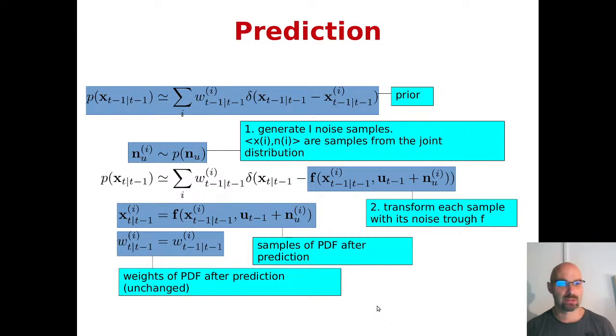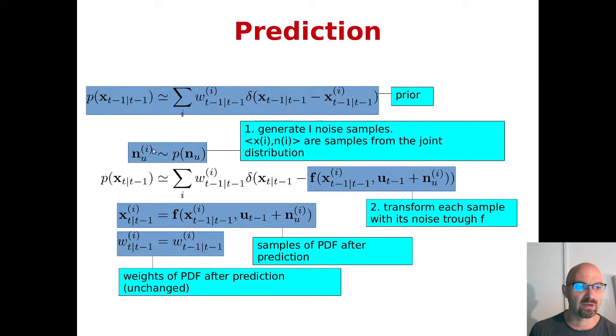The prediction, right? The prediction is the step where we incorporate the control. Now, our ingredient is p of xt minus 1 given the past, which is our belief at the previous step, represented as a set of weighted samples centered where they should be. We have a machinery, we have a noise distribution.